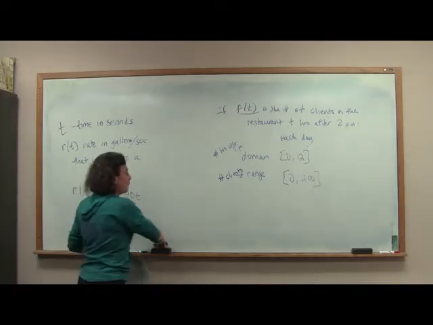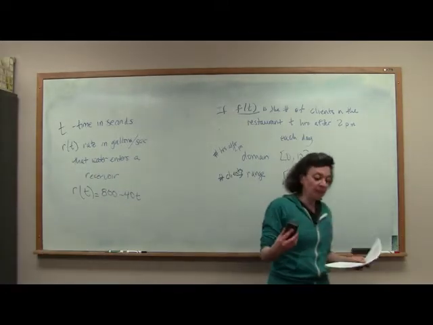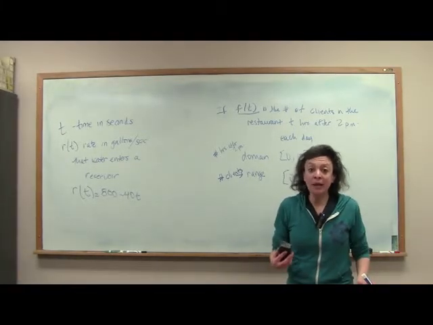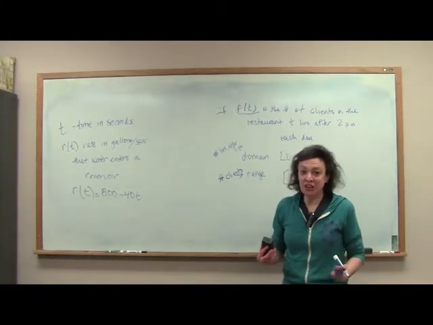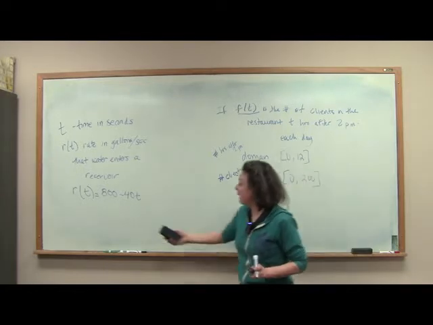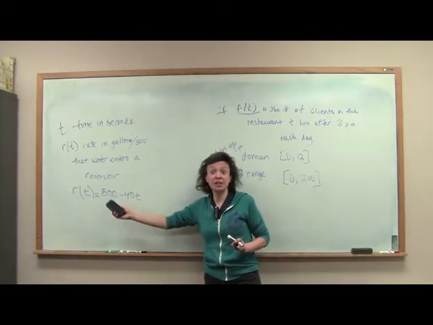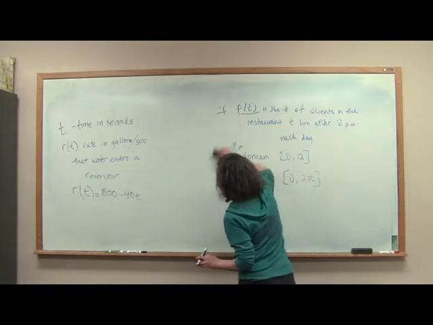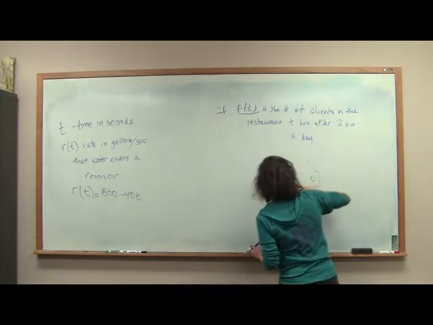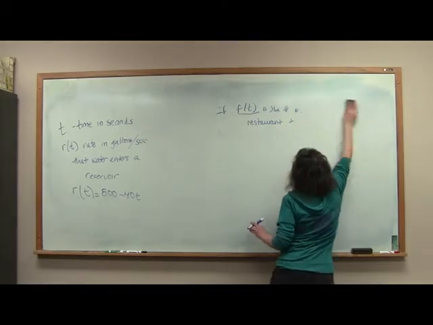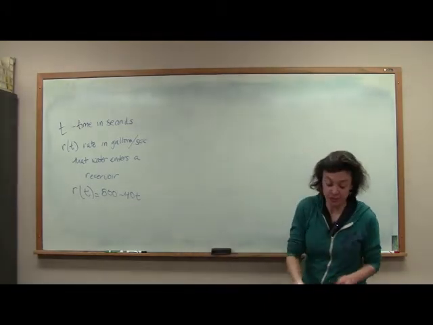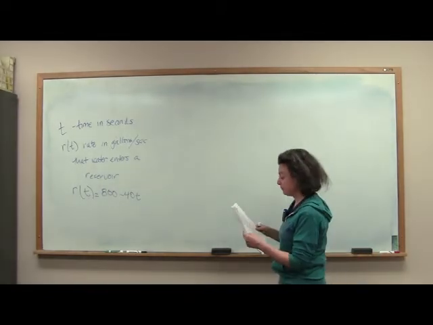Now, my hope is that a light bulb is going off in your head and you're like, oh, Lauren, that's the equation of a line. My y-intercept is 800. My slope is negative 40. Being able to identify what type of function you're dealing with is really important.